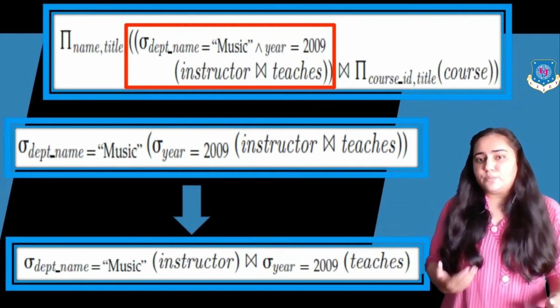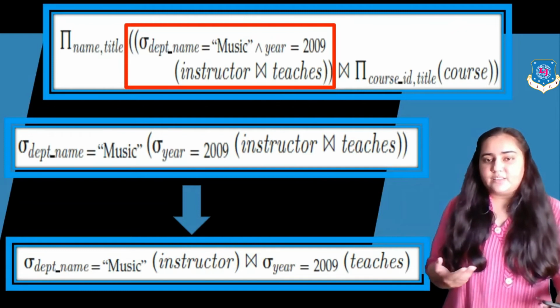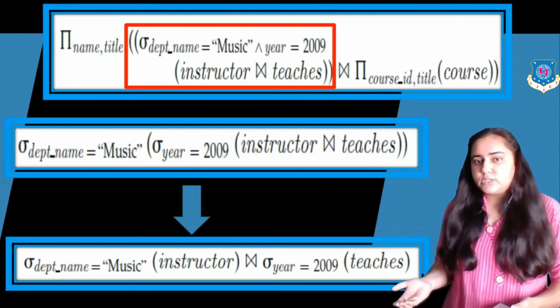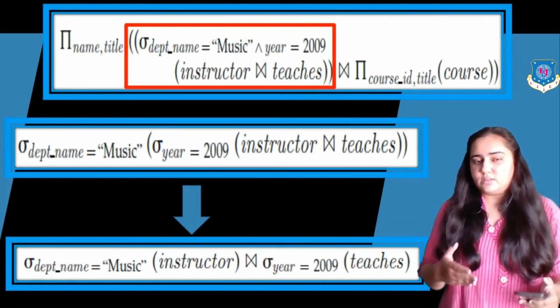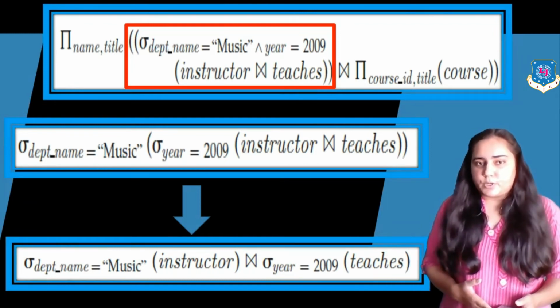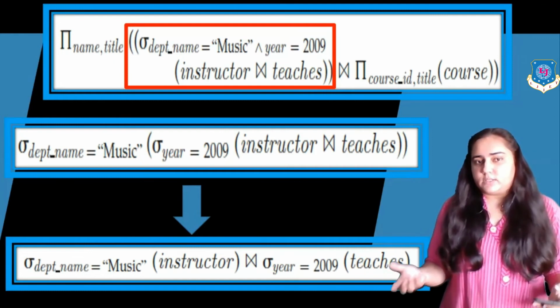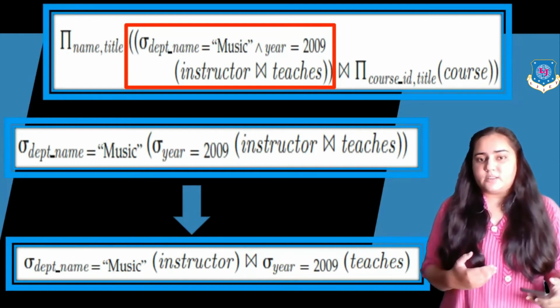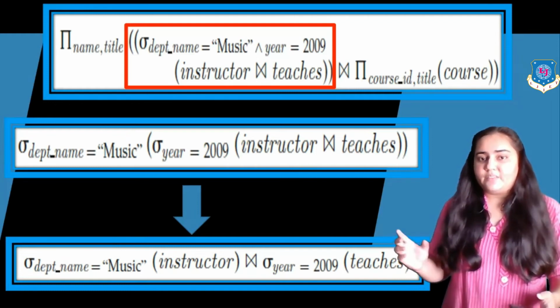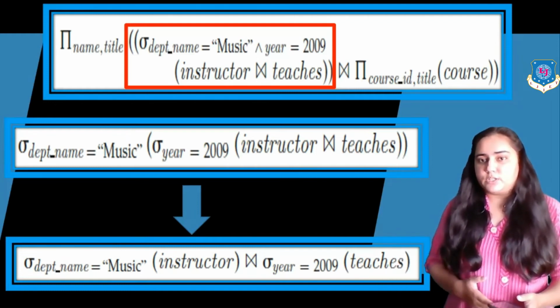Department name is not present in teachers. And the year is only present in teachers, but it's not present in instructor. So I can still make it an individual sigma operation. So I have individualized. You can see now the dept name condition is applied only to instructor, and the year condition is applied only to teachers.